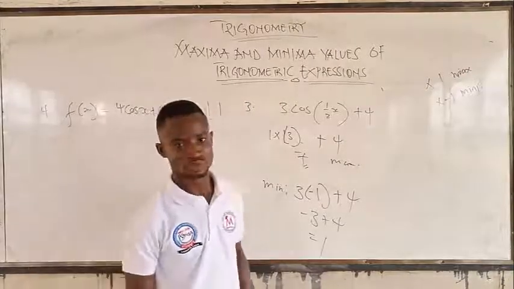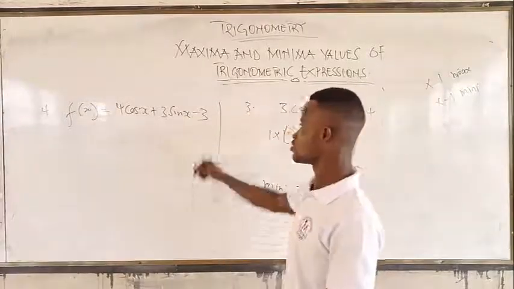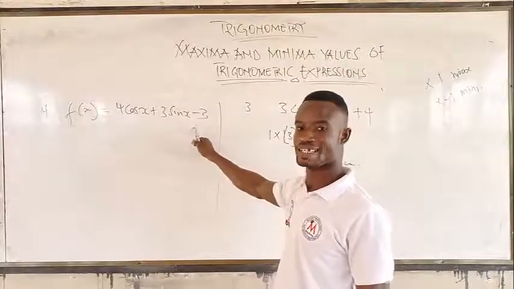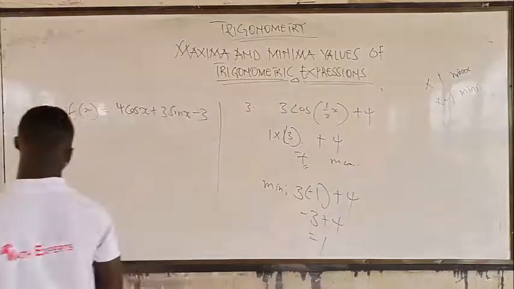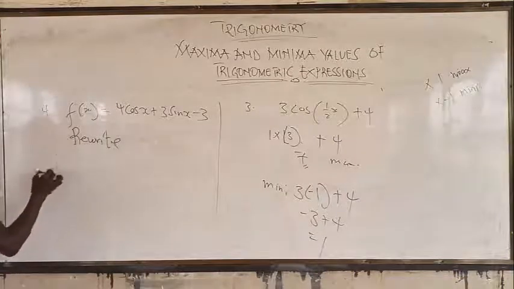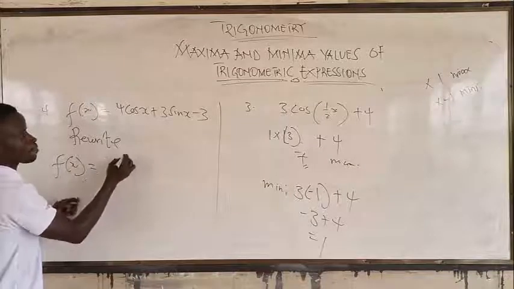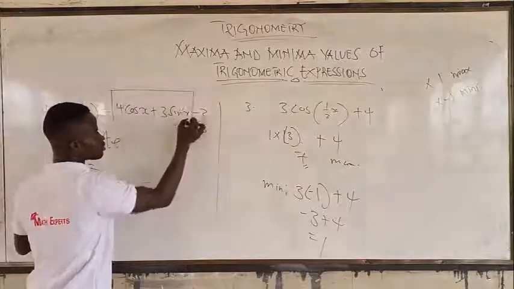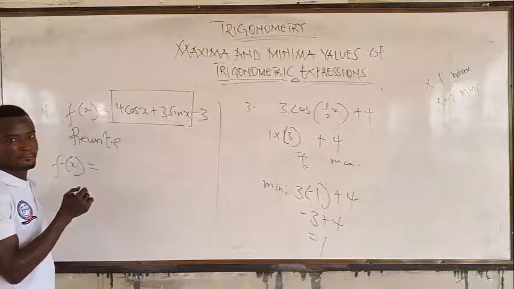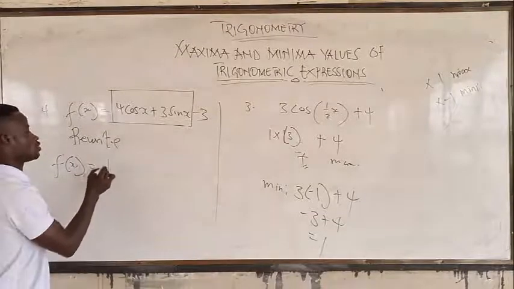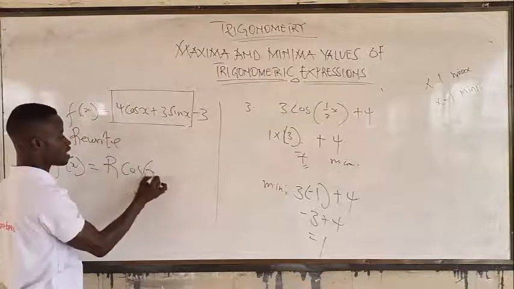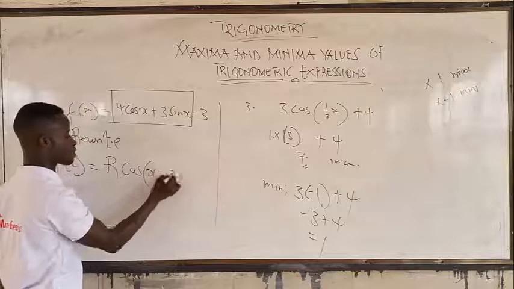So here, first of all, before you do anything, you have to rewrite this in the form f of s is equal to, for only this part, you express that in the form r cos, if you choose cosine, you will make it s minus alpha.